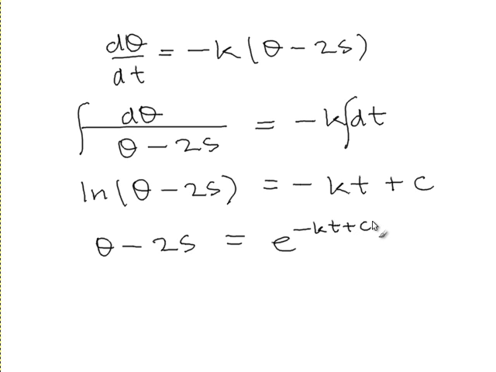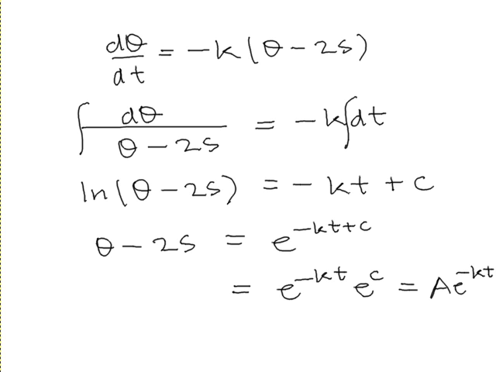This is slightly deceptive. A lot of people slip up again with the algebraic manipulations here. So let me write this very explicitly: this is e to the minus kt times e to the c. That's another way of writing the right hand side, and that's A e to the minus kt, where A is another unknown constant which is equal to e to the c.